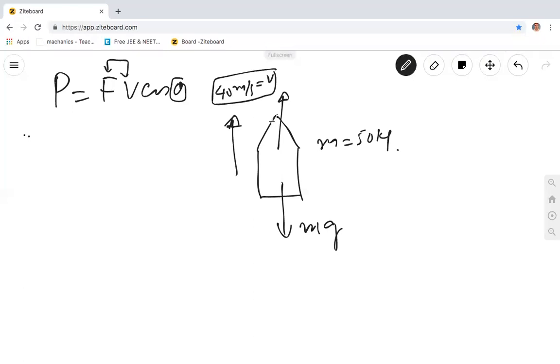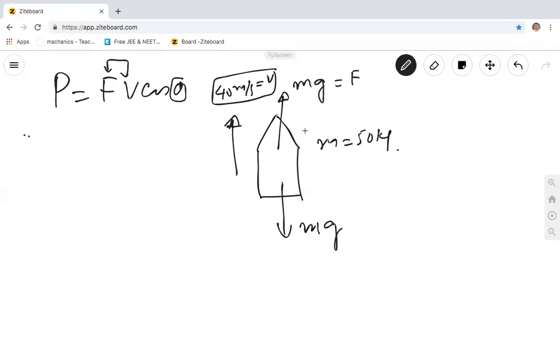If any rocket moves upward with constant velocity, what is the net force on that? 0. Yes, you are right. Therefore, the upward force should also be mg.